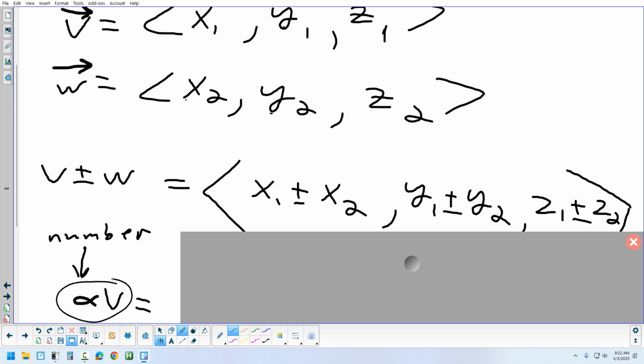It's a number times a vector, and when you scale a vector, one thing that could happen is the vector does what? Well, what's one thing that can happen when you scale a vector?